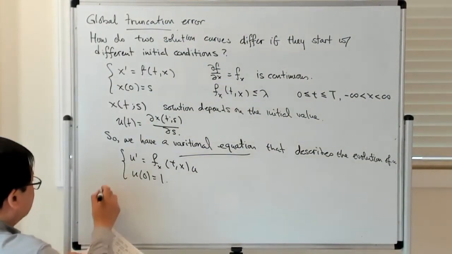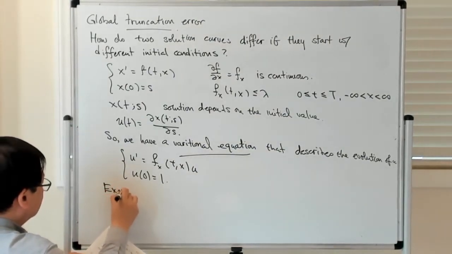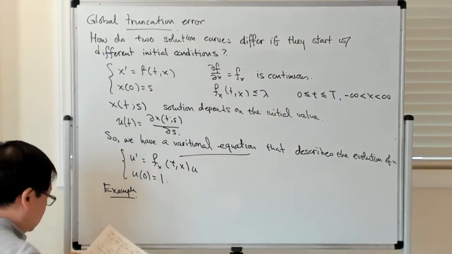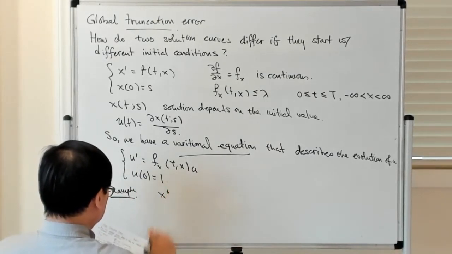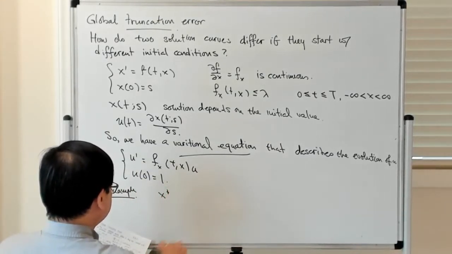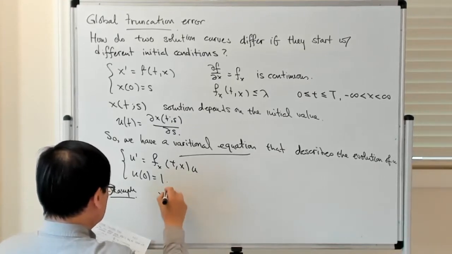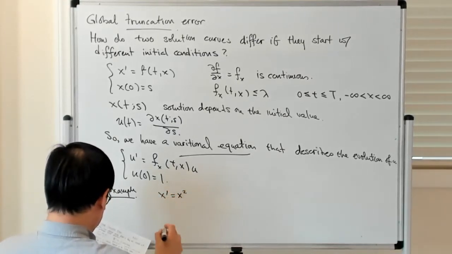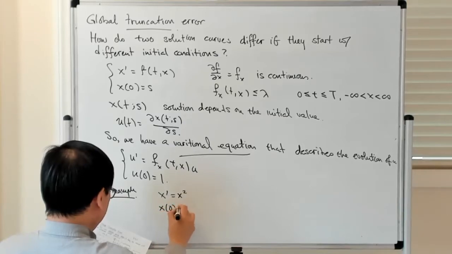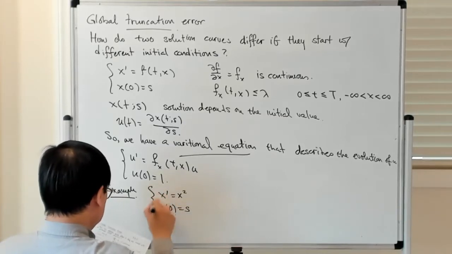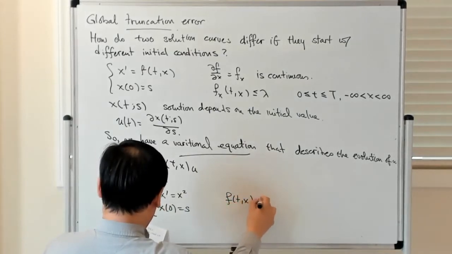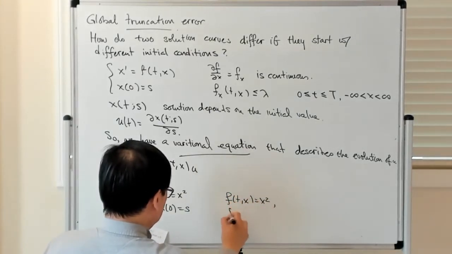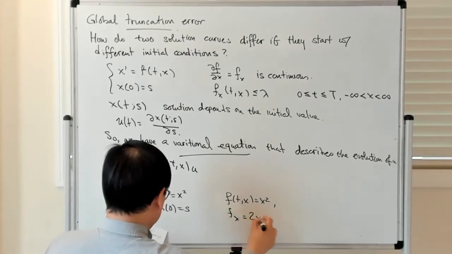Okay, so let's look at an example of this. If you have x prime is x squared, and the initial value of x at time 0 is s, right? Then f of t, x is equal to x squared, which means that f sub x is equal to 2x.